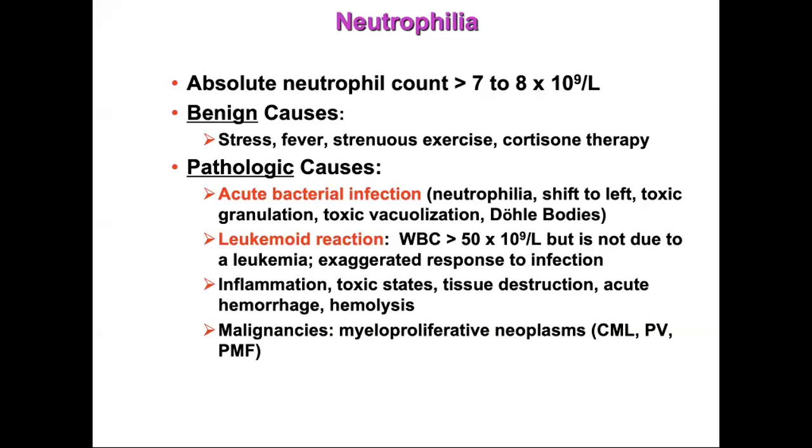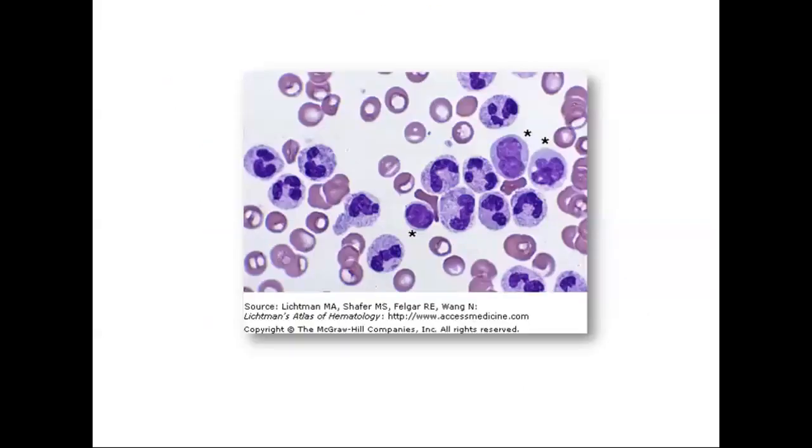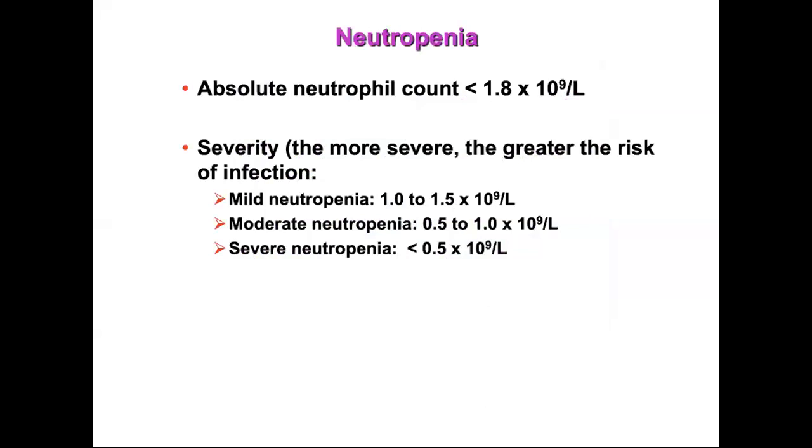That's neutrophilia. The opposite of that is neutropenia, right? So this is a slide in which you would see a patient with lots of neutrophils. So neutrophils, segmented neutrophils, pretty much the same thing. Neutropenia is a count that's less than 1.8, and the severity is very important here.